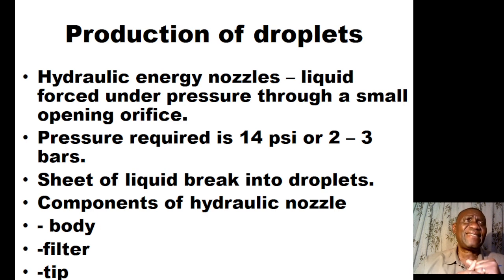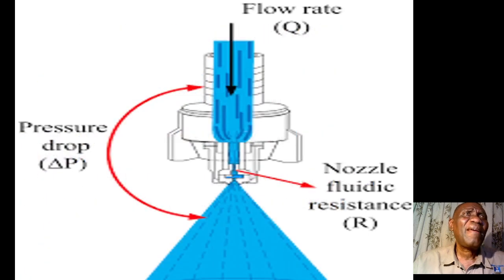The components of the hydraulic nozzle: it has 3 things. It has got the body, the filter, and the tip. The tip has got a small opening which creates those droplets. And this is what it looks like. So you have got the top blue part there with the black arrow going downwards.